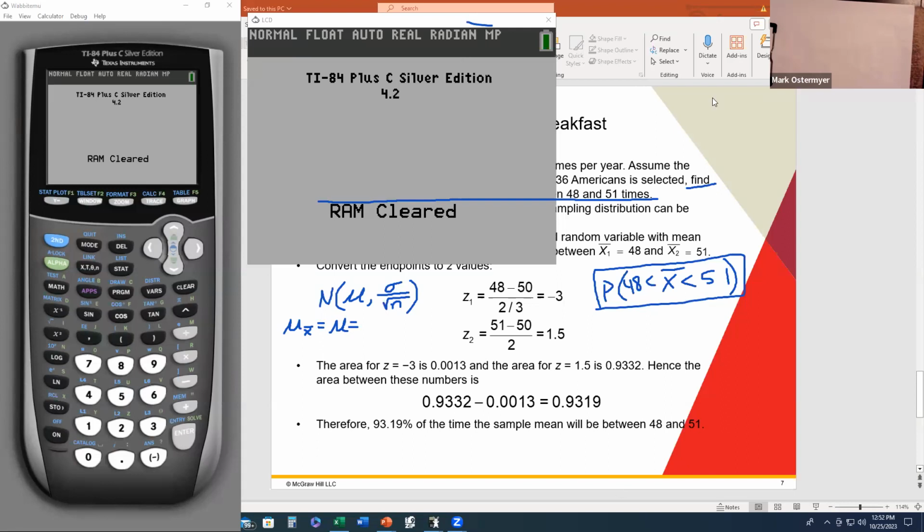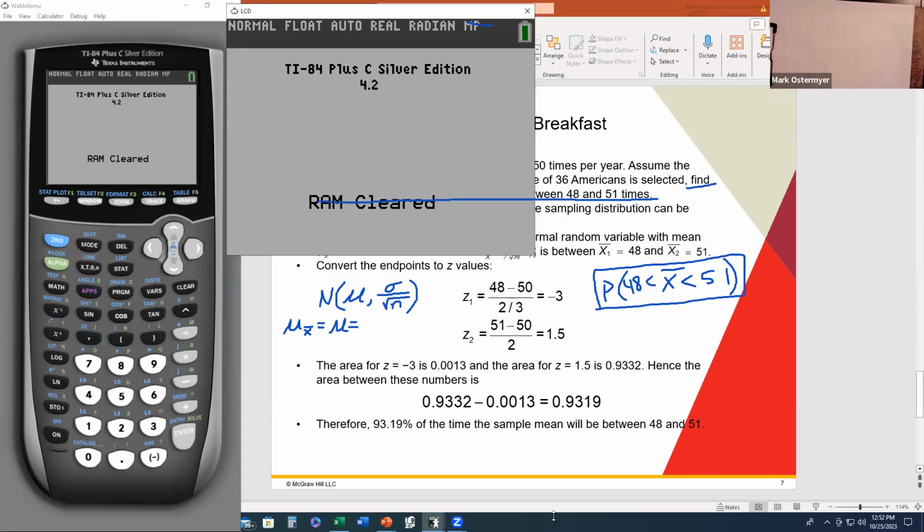Well, they indicated on average, an American skips breakfast 50 times per year. So that is the mean of our population. That's also going to be the mean of our sampling distribution of sample means of all samples of size 36 that are extracted from the parent population. So this mean is 50. That's guaranteed by the central limit theorem.